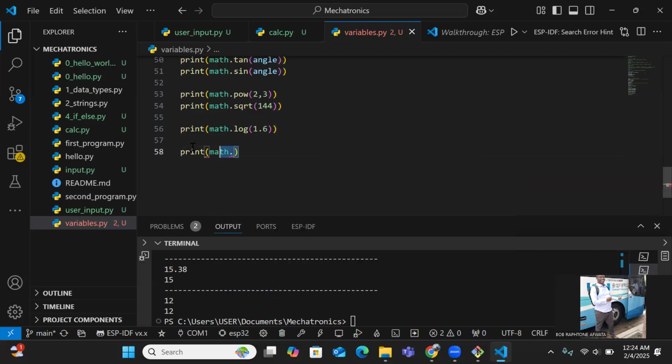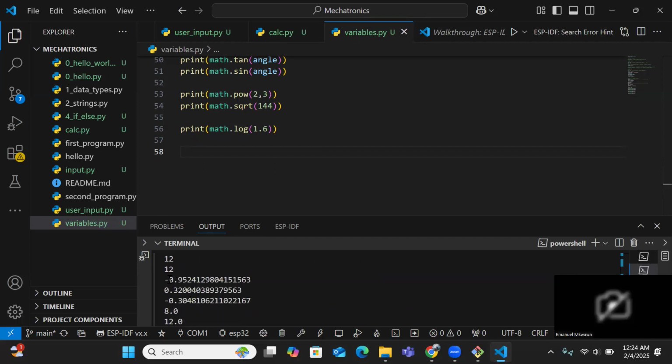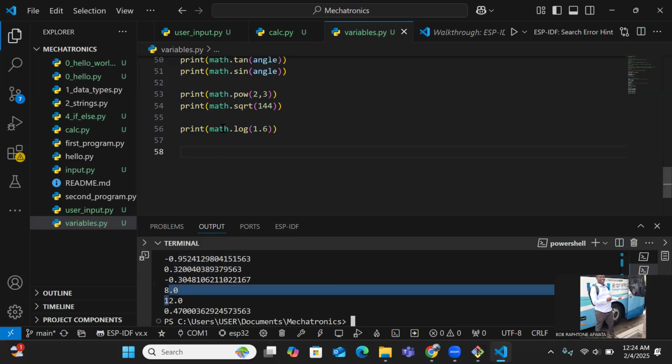Okay, so let's run those, and then you will see them here. The cosine, the sine, and then 2 raised to power 3, you said very well, is 8.